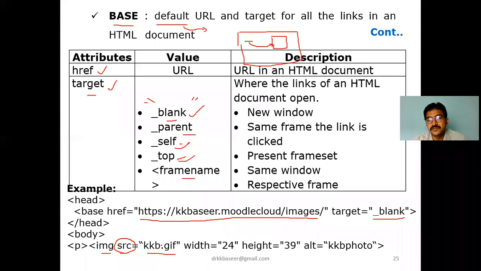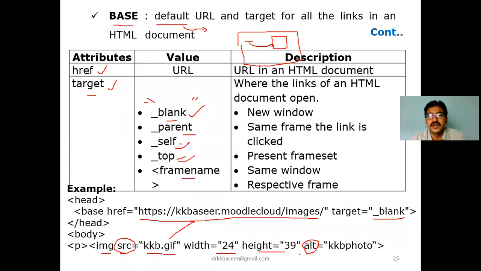Now, when this element is executed, img will search for where kkb.gif is available. It searches in the base element, now in the cloud, in the images. If kkb.gif is there, it will display with a width of 24 and a height of 39. If it is not there, then we can use an attribute called ALT. ALT means alternative message.